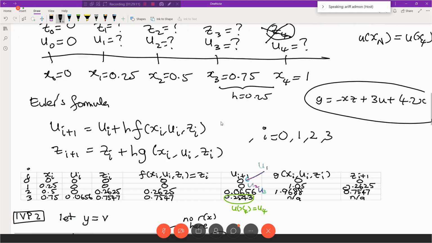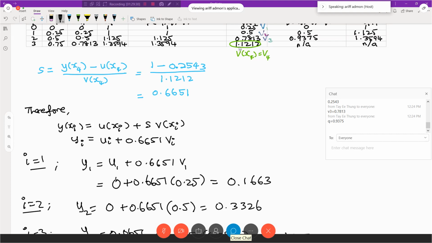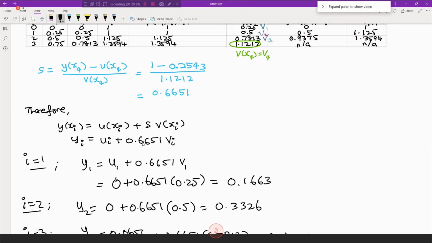So that's why when you want to calculate this S, we only use y4, because this can be obtained from your second boundary condition of the BVP, which is 1. So u4 you can get from IVP1, v4 from IVP2. Once you get your S, substitute it into your general linear combination of y here. Then you get this one.